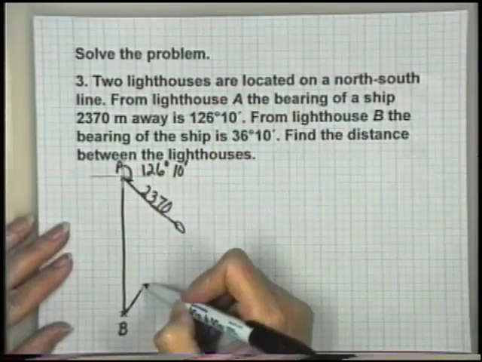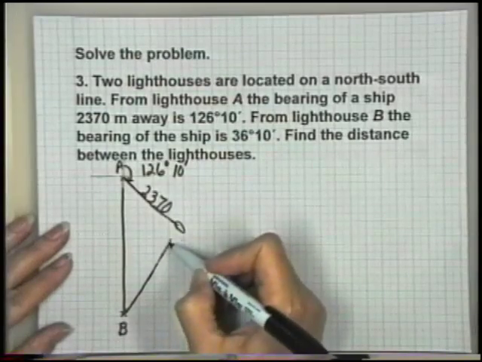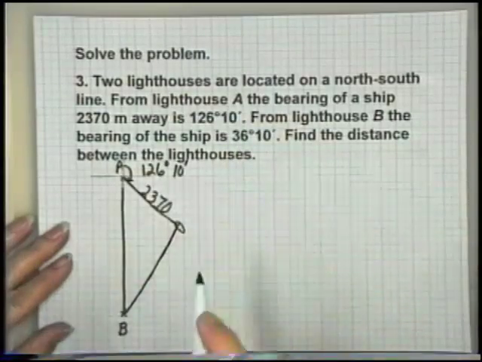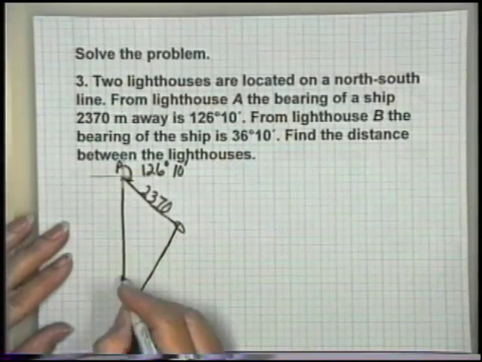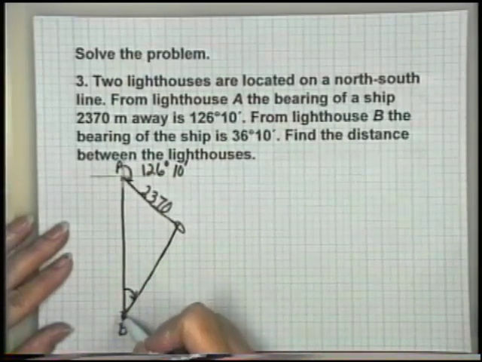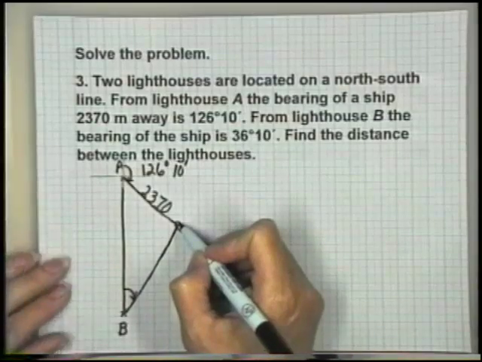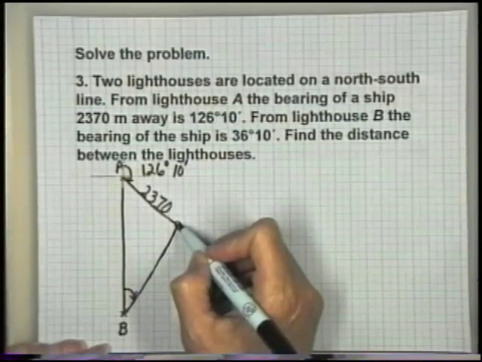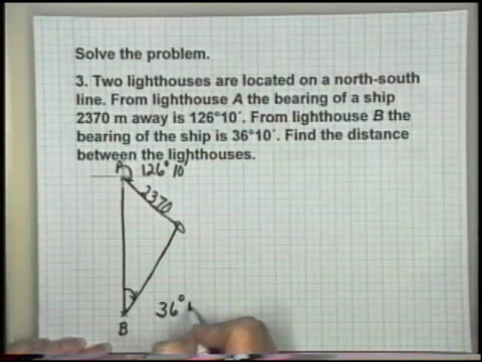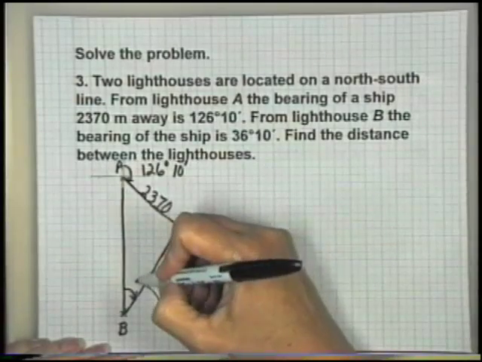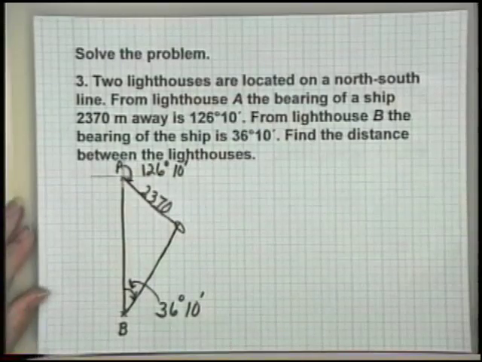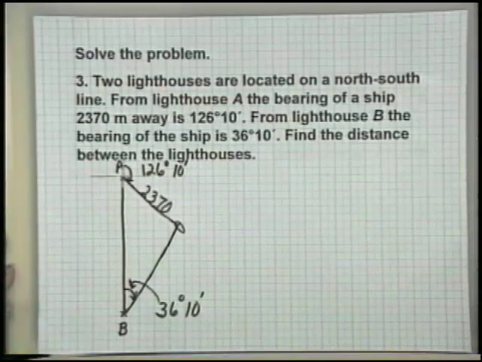This would create the line from lighthouse B, and if its bearing from lighthouse B is 36 degrees 10 minutes, then this is the north line, and that means the angle between the north line and this line of direction that the ship is on is 36 degrees 10 minutes. So I know that this angle right here is 36 degrees 10 minutes.